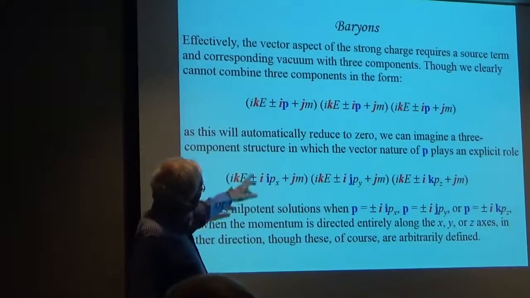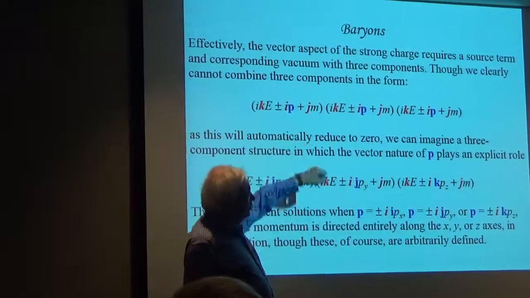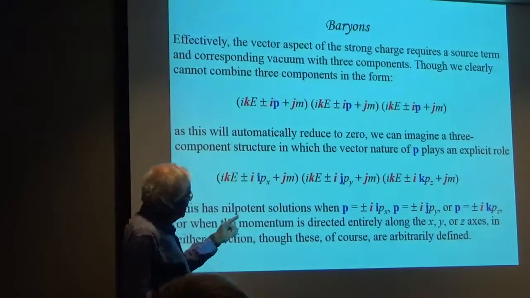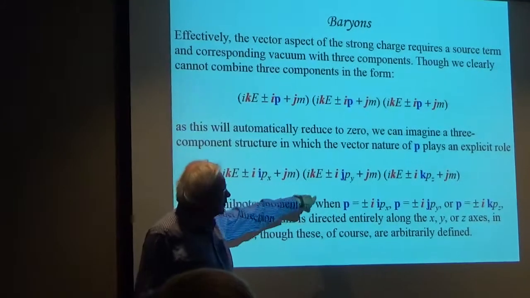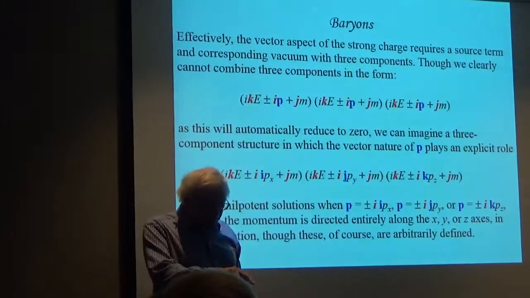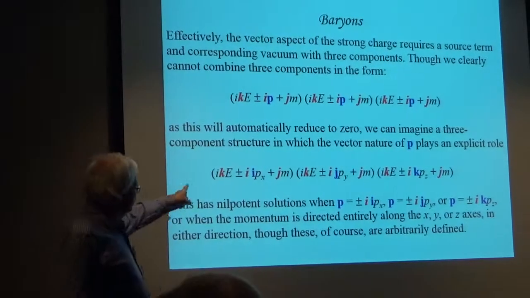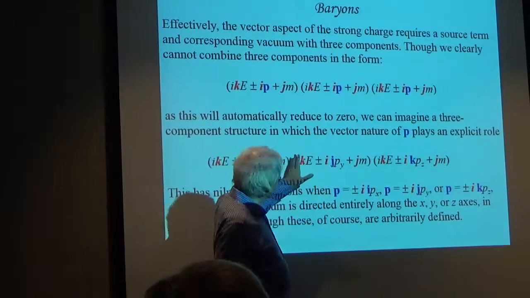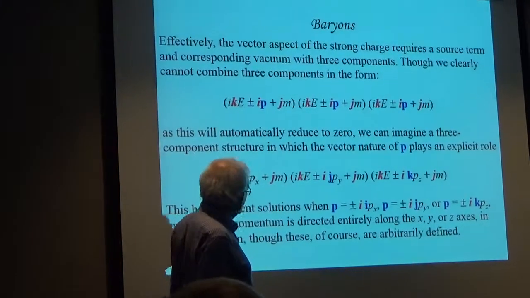Here we got 3 identical nilpotent operators, 0. However, let's suppose that we split the momentum between three components, separated in space. It's still a non-local connection because the local is only what's inside, non-local is outside.